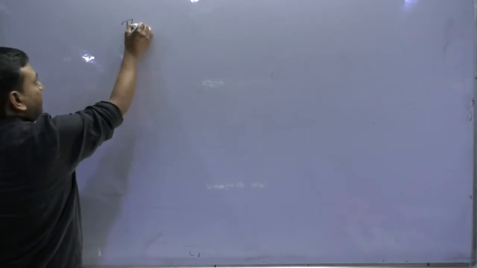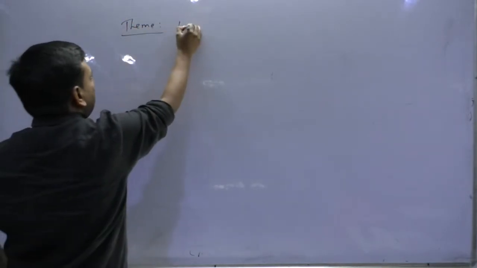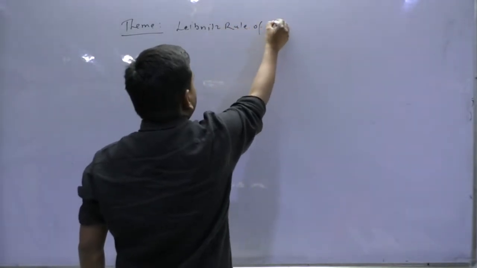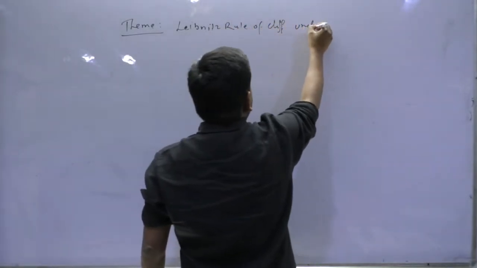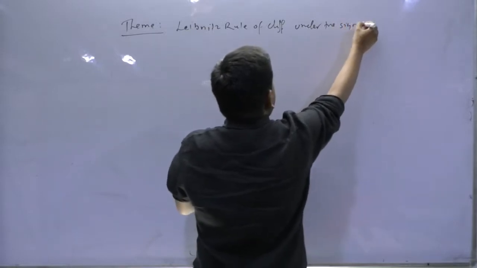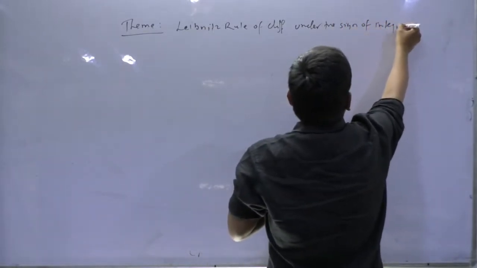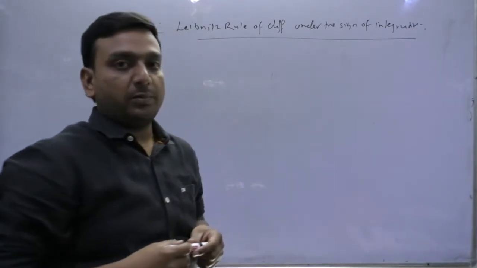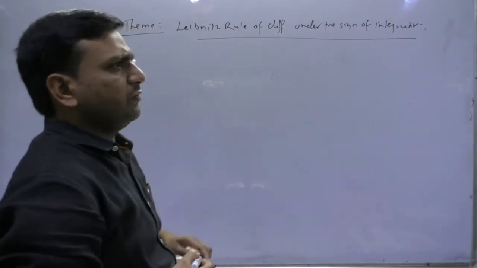The next theme of the day is Leibniz rule of differentiation under the sign of integration. In the respective PDF of advanced calculus वाला part, this is again given beautifully.